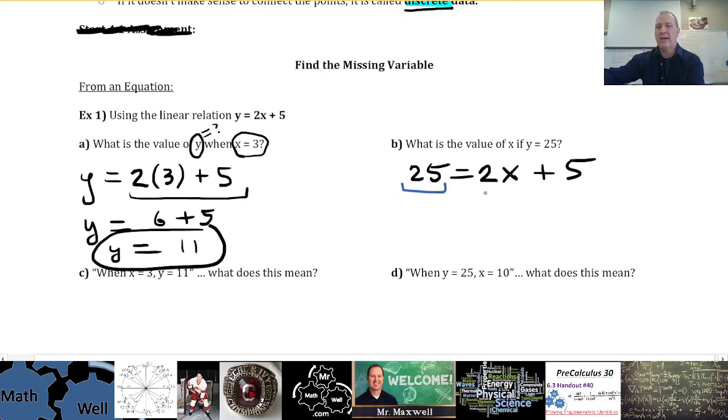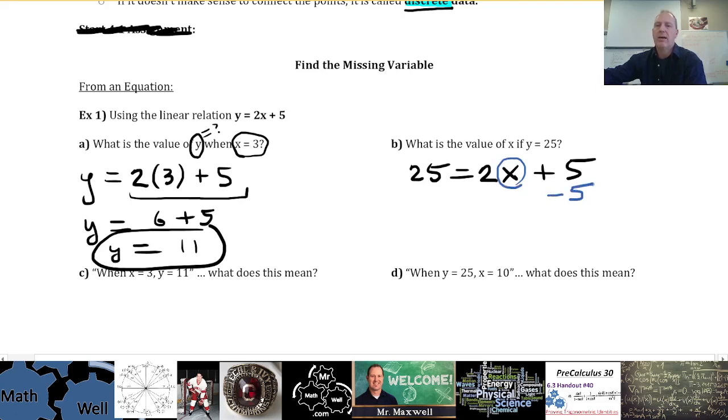If this side is 25, this side also has to be 25. If you have 5 right here, that means that 2x has to be 20. So 2 times what gives you 20? The answer is 10. But if that's too much for you to think about in your head at once, which I understand, then let me show you how to solve an equation. Now you've seen this before. You might be a little out of practice though. So I am going to try and get x all by itself to solve for x.